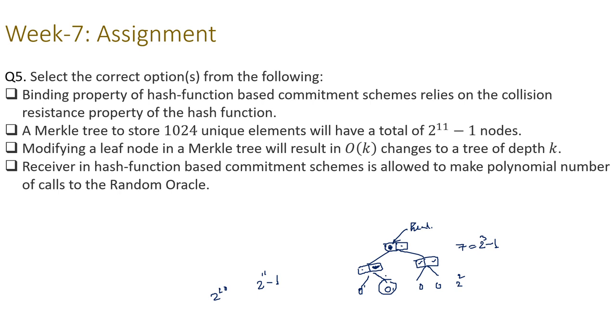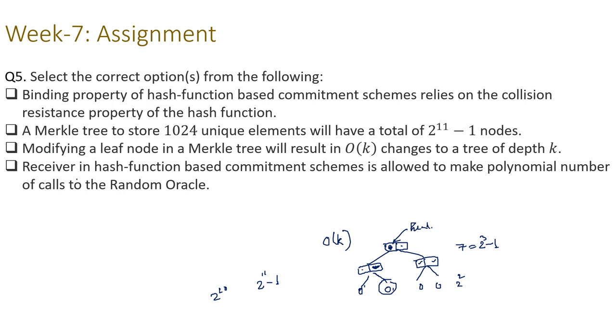So you need to change 2 hash values in order to accommodate this change. So if you have a tree of depth k, then you need order of k changes in the Merkle tree along the path from root to that particular leaf node where the change is occurring.